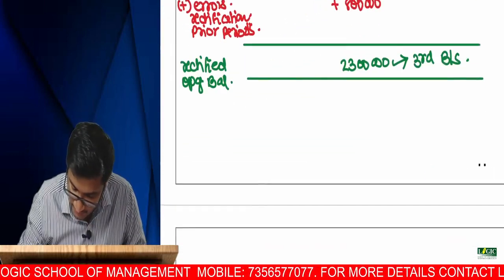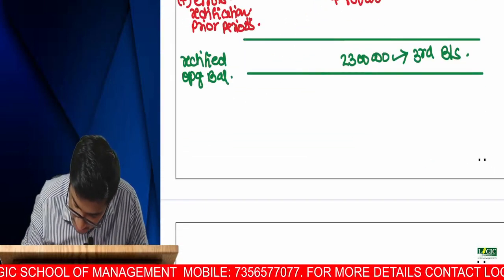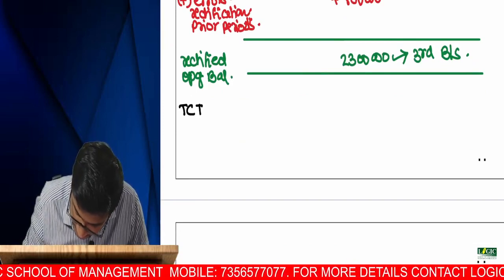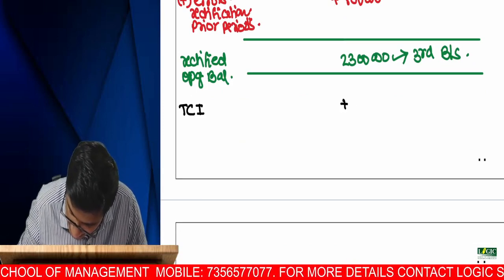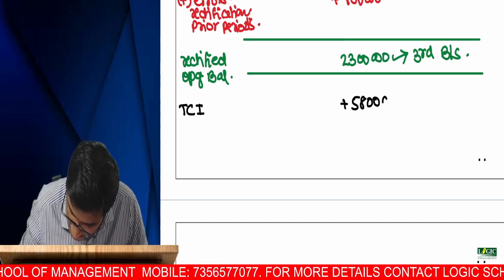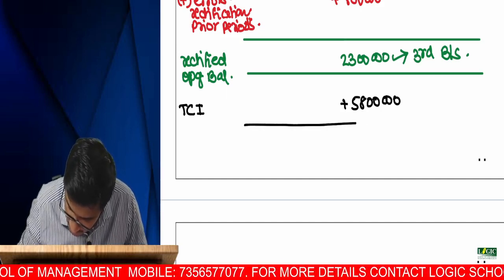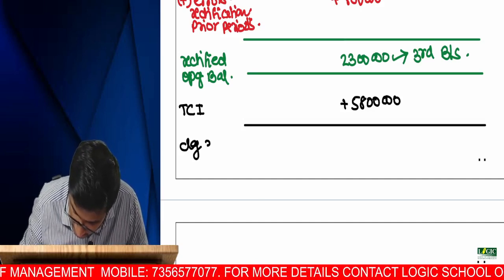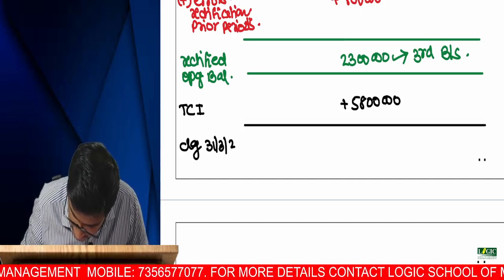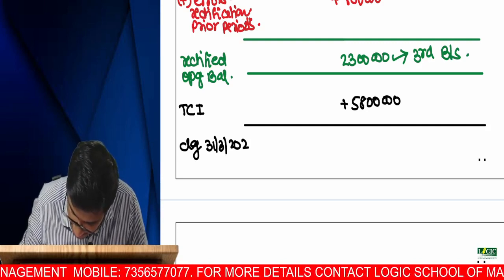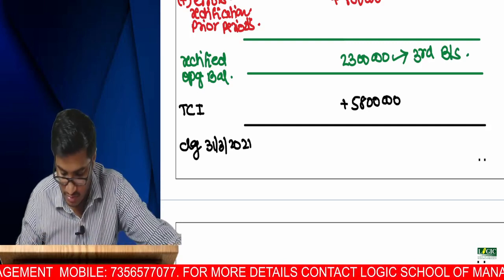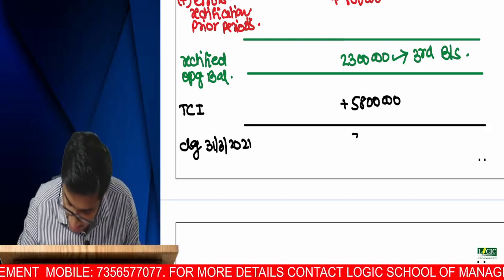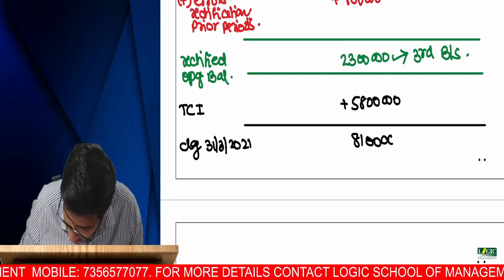So you add 58 lakh. You have to add the total comprehensive income. You add 58 lakhs over. There are no other adjustments. Therefore, what is the closing balance as on 31st March 2021? 81 lakh.